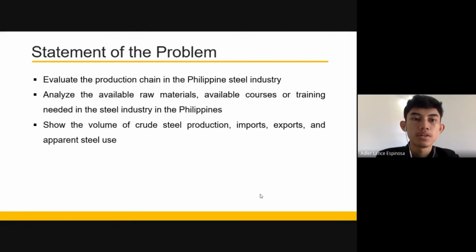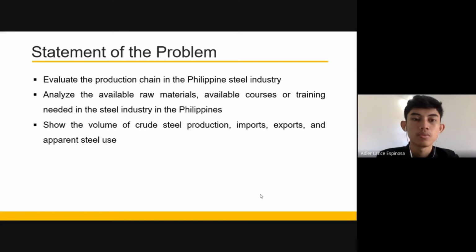The present study also shows the volume of crude steel production, imports and exports, apparent steel use, which lays the foundation as to the current competitive position of the Philippine steel industry, which in return allowed the nation to create an edge over competitors in the market.